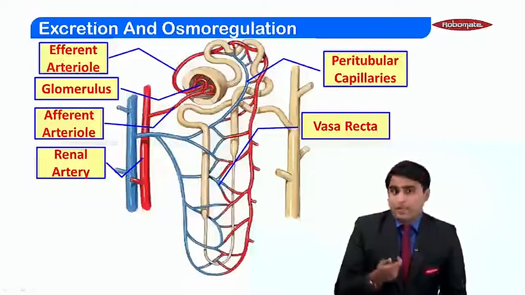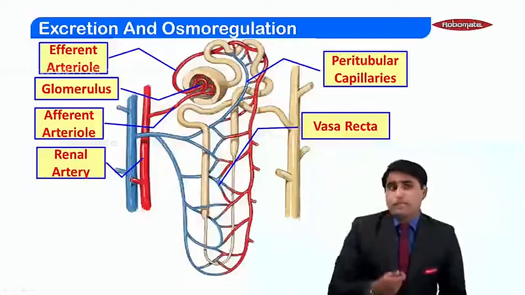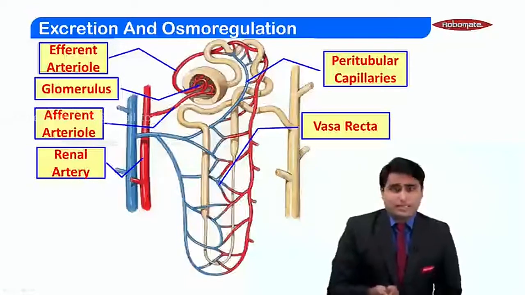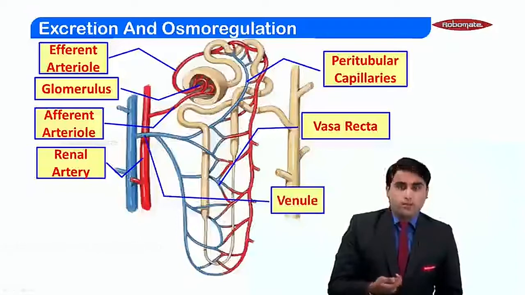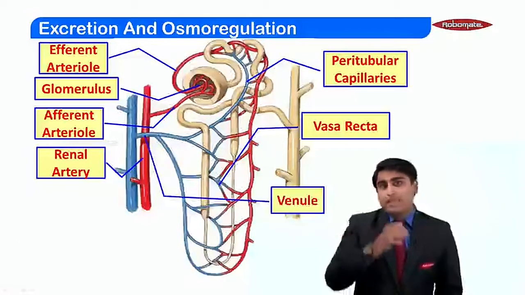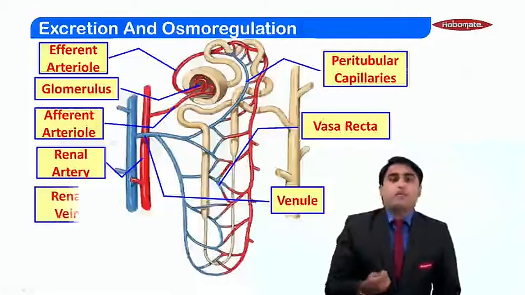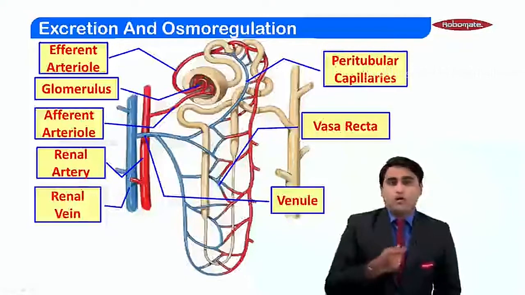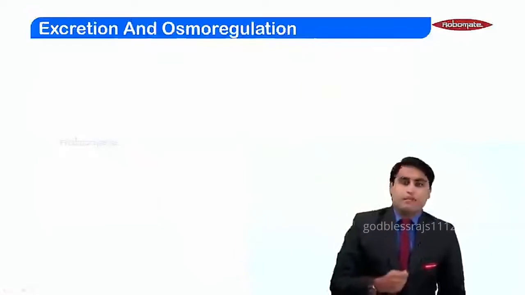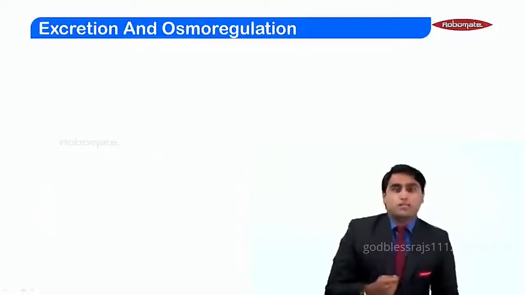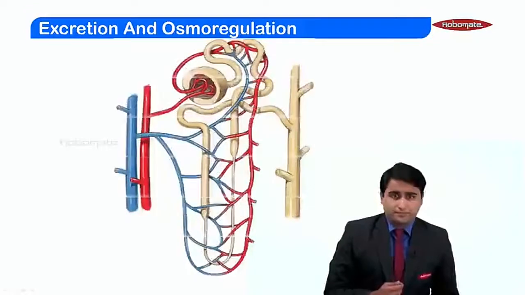The vasa recta continues as venules, and many venules from each nephron join and form a renal vein. This is how the blood exits the kidney as the renal vein. So this was all about the blood circulation inside the nephron.